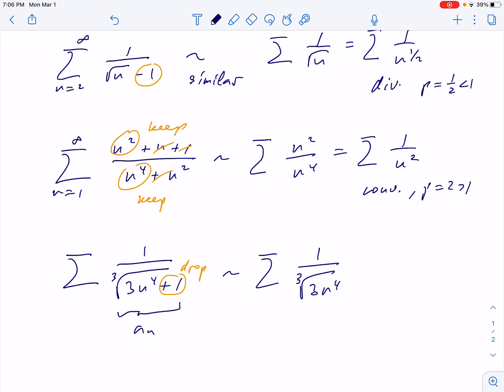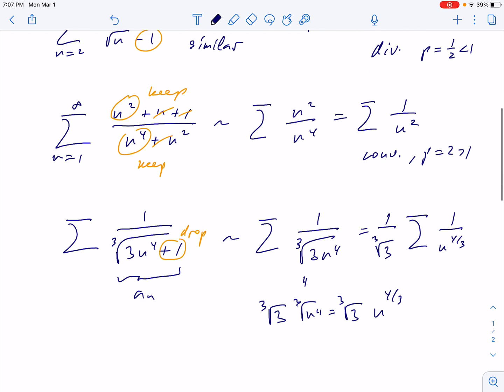Here this radical I can write as third root of 3 times third root of n to the fourth power, which will be third root of 3 times n to the power 4 thirds. And 1 over this radical I can put outside. It's in the denominator, so it goes out like that. It's a common factor for each term, and what is left is the series 1 over n to the 4 thirds.